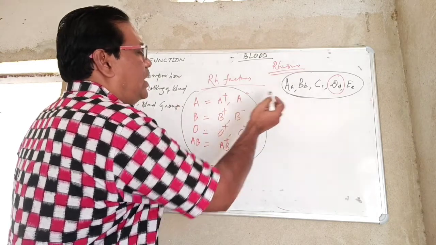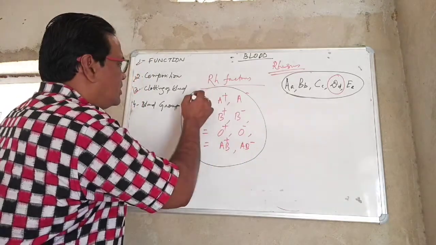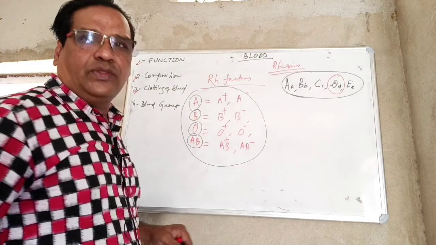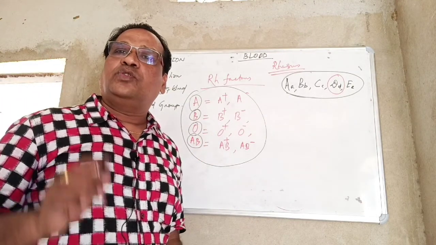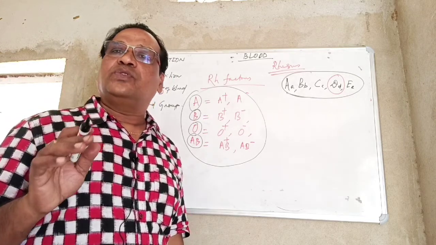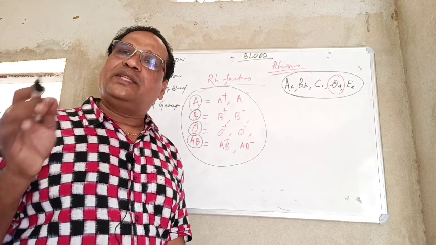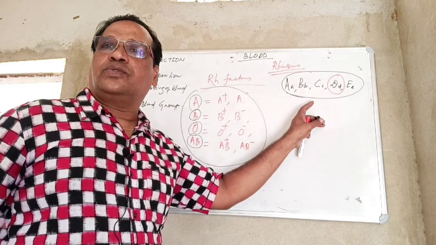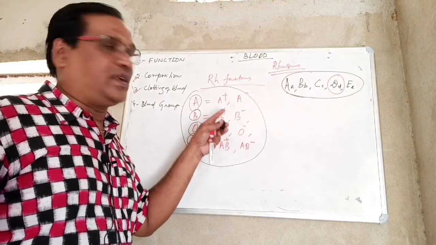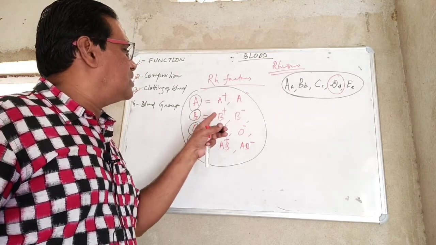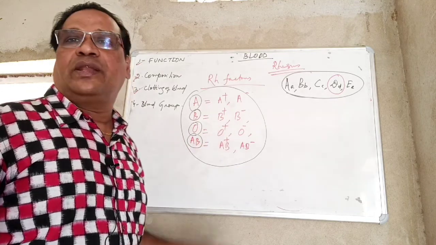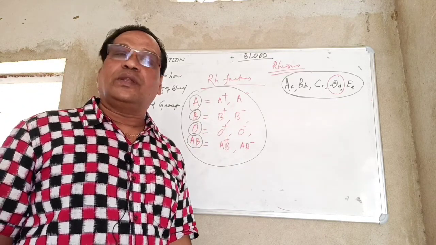We already discussed how the A, B, O, AB grouping is detected by the presence of antibodies and antigens. But how is it according to the Rh factor: A plus, A minus, B plus, B minus, O plus, O minus, AB plus, AB minus?